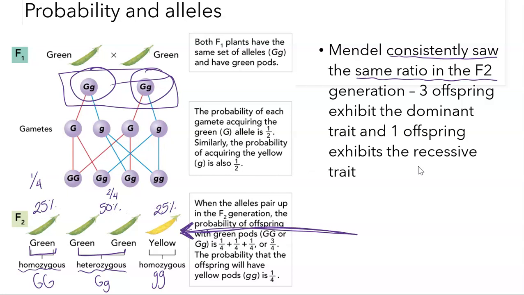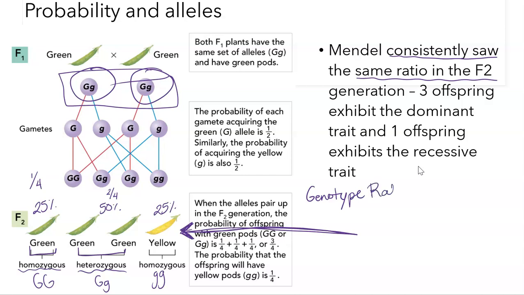The ratios we then look at are genotype and phenotype ratios. So if we look at genotype, the genes, that's the ratios we just wrote down. We always start with homozygous dominant.